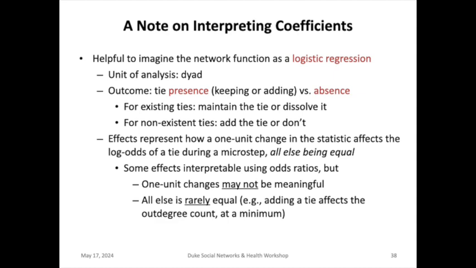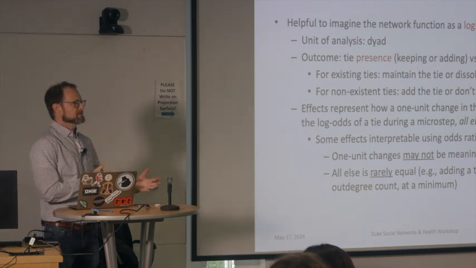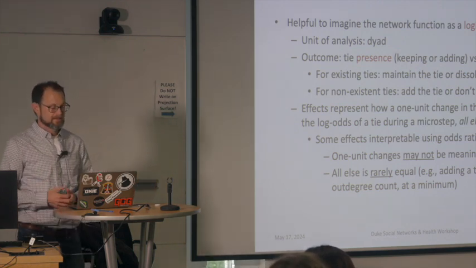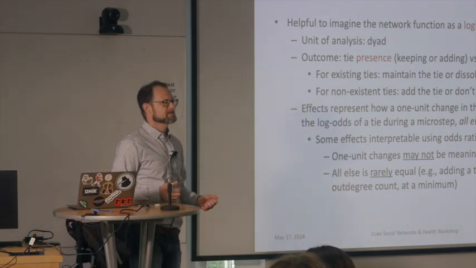All right, so let me talk about how we interpret this, because this is something where SIENA is a little bit different. So we get some results from a model. On the network side, it's useful to think about this as a logistic regression, just like Scott was talking about yesterday.